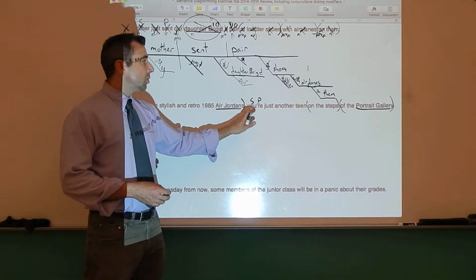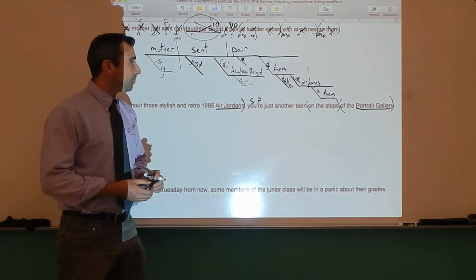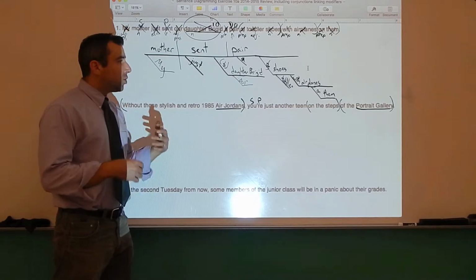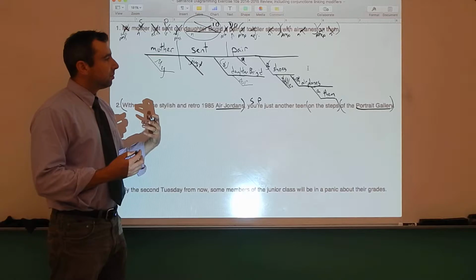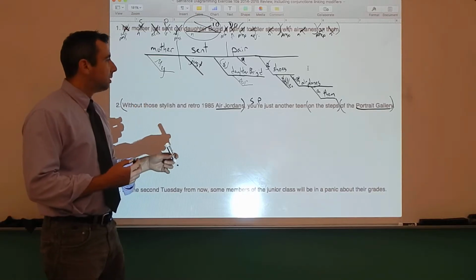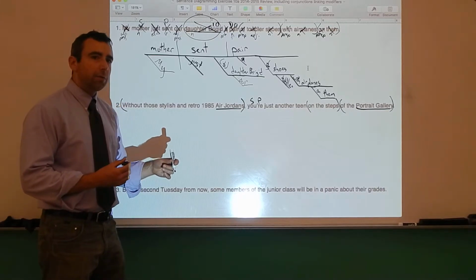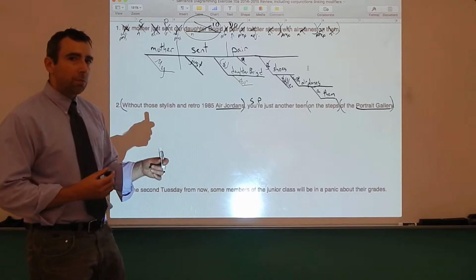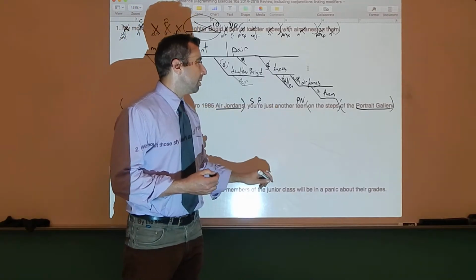The subject here is you. The predicate is are. You are. Okay, so you are what? You are teen. Is that, quickly now, a direct object, predicate nominative, or predicate adjective? Here's how you can tell it's a predicate nominative.